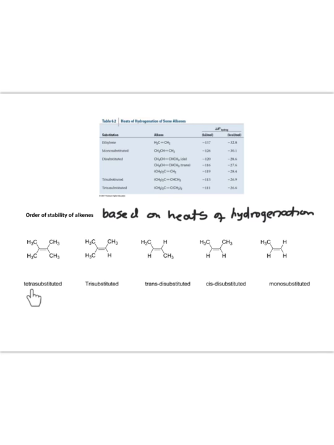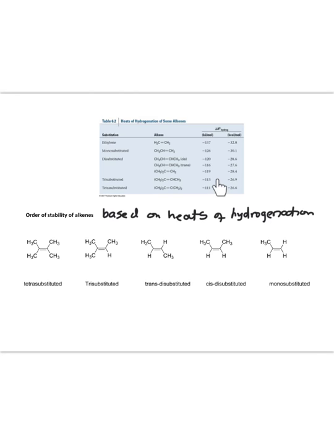Tetra for 4 substituents. This one has 1, 2, 3, so this is called a tri-substituted alkene. This one here has 1, 2, and this is trans, so this is a trans di-substituted. This also has 2, but this is a cis, so we call it a cis di-substituted. This has only 1, so this is called a mono-substituted.